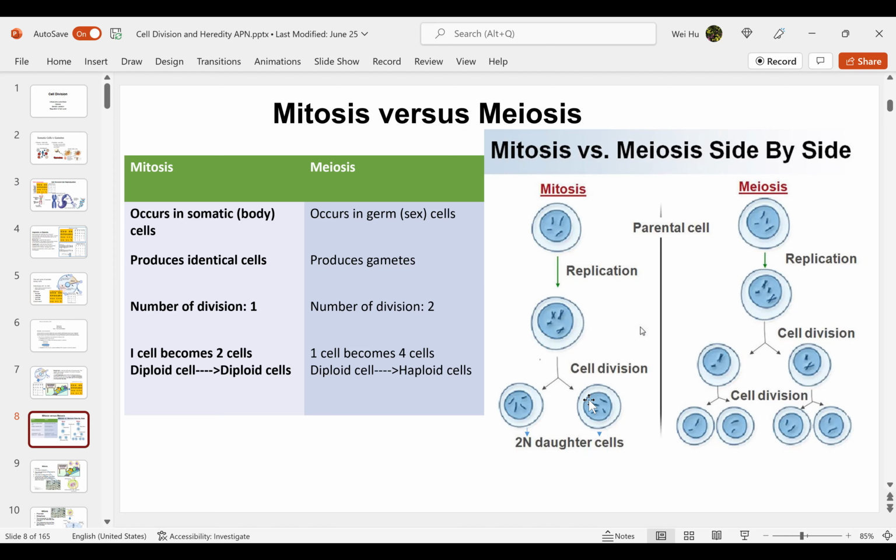These 2 are identical, and they are also identical to the parent. You only divide once. This occurs in somatic cells, your body cells. You produce identical cells, the number of divisions is only 1, making 2 cells. So diploid cells become diploid cells.